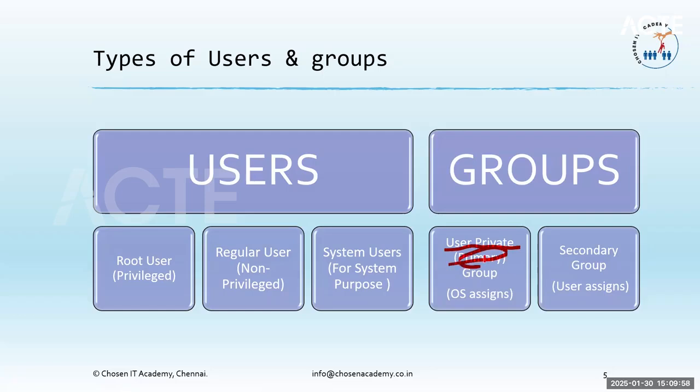This is a group which gets created by the operating system whenever a user account is created, and the user account will be part of that UPG group. Other than that, we can create secondary groups based on our requirement. We can create our own group and assign members to it.